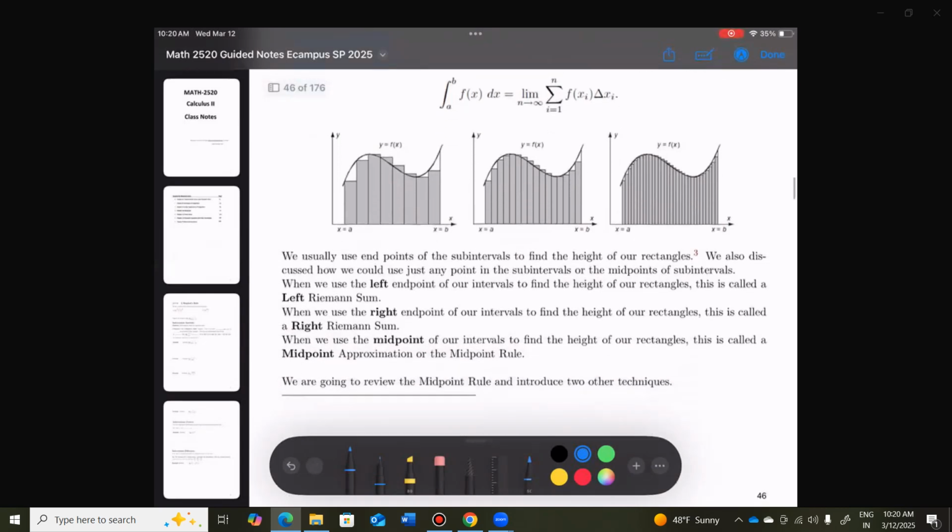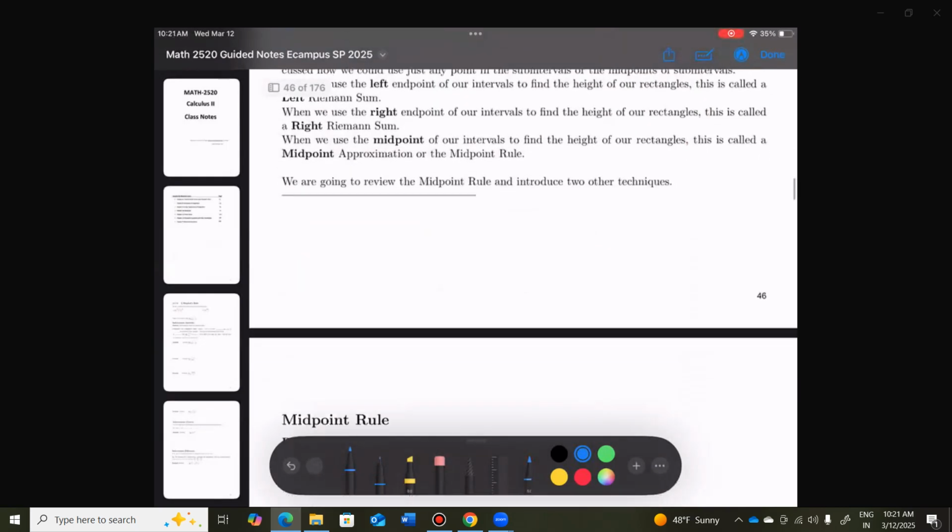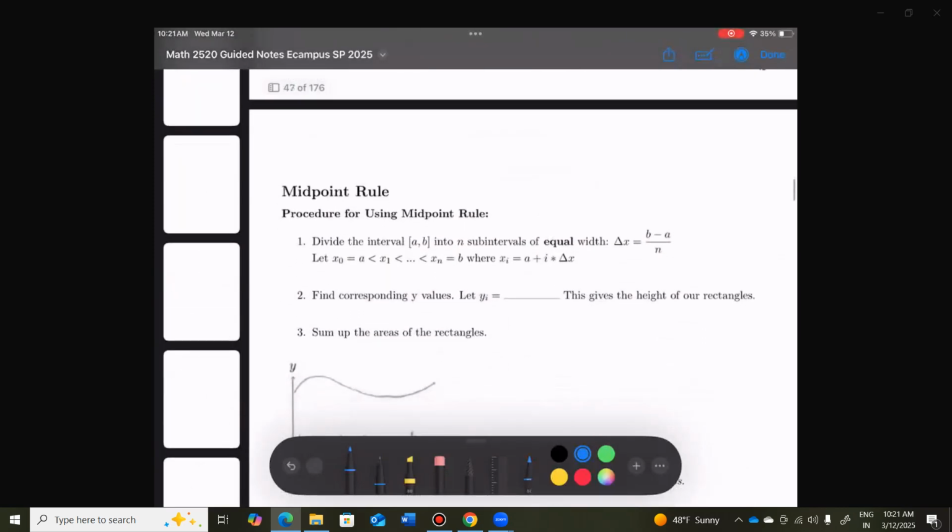But in all of these, we are using rectangles to estimate the area, and the more rectangles we use, the better the estimate would be, because that made the rectangles smaller, and it's like you're adding up more precise pieces.